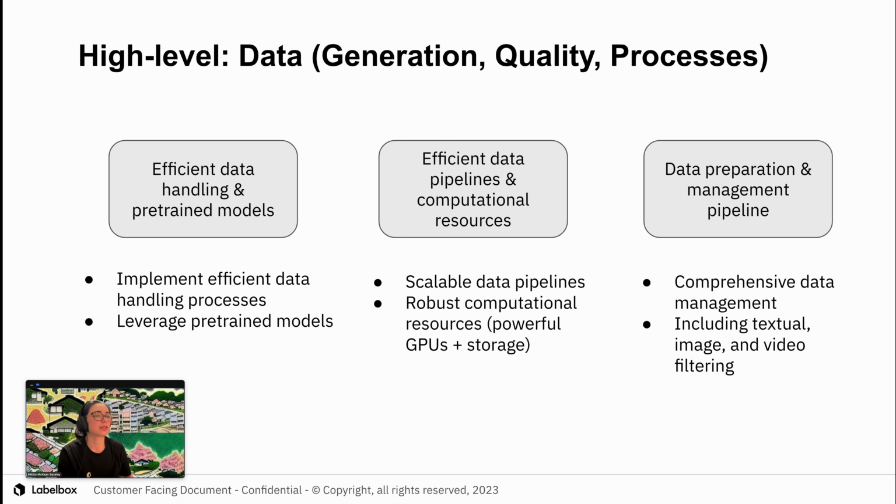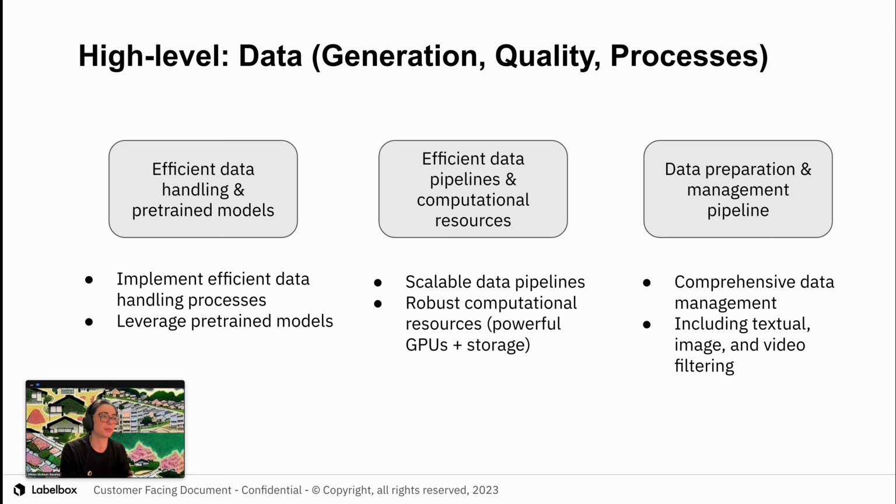So let's just talk about data, right? There are definitely things that teams can do to make efforts around incorporating multimodal models work for them. So first one is investing in efficient data handling, as well as using pre-trained models. What it comes down to is, if you don't need to pre-train or train a multimodal model from scratch, if you can just use an existing one for zero shot, definitely do it.